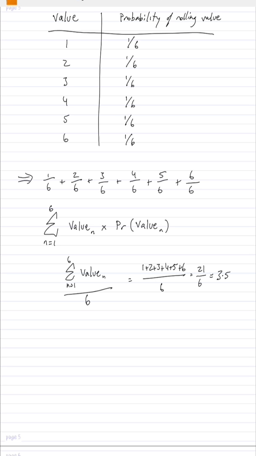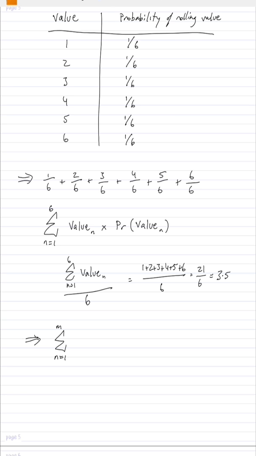So more generally, we can look at this form and put it as the summation from n equals 1 to m, where m can be bigger than 1, up to however many values we have.